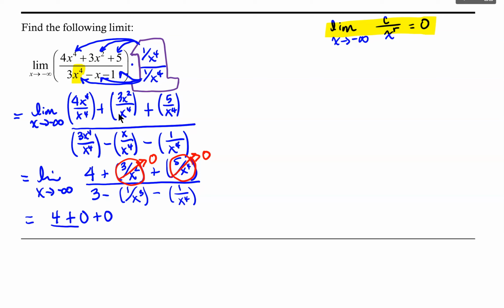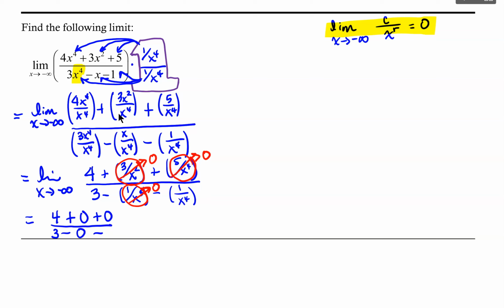Then looking at my denominator, limit as x approaches negative infinity of 3 does not change the 3. Minus, and then I have 1 over x cubed. I can apply my property again. That goes to 0, so minus 0.